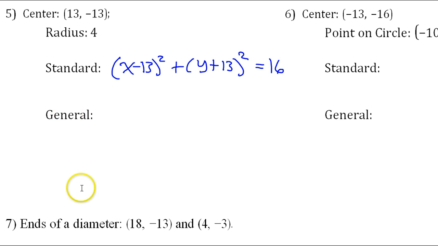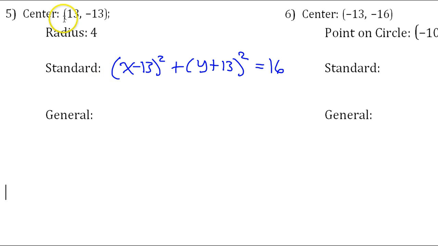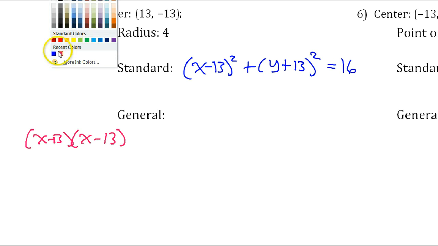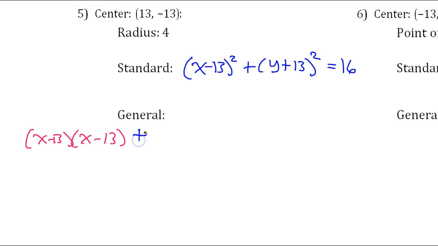That's standard form. General form is the one that takes work. Let me use up a little more space here. In general form, I need to get rid of all these parentheses. So let's start with (x - 13)². That's (x - 13) times (x - 13).